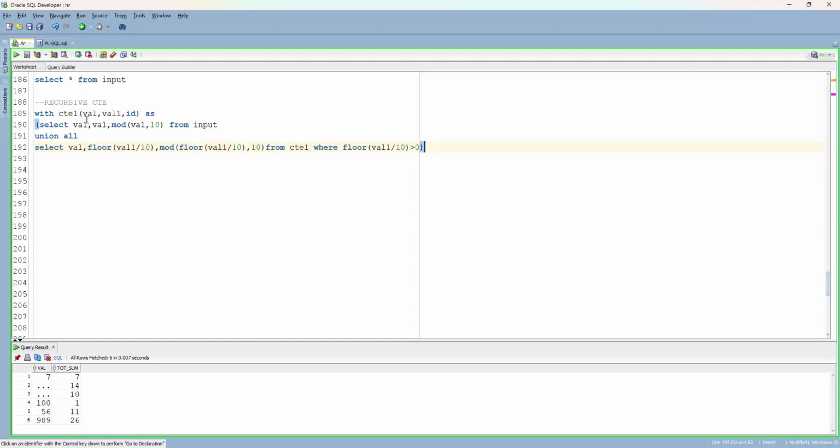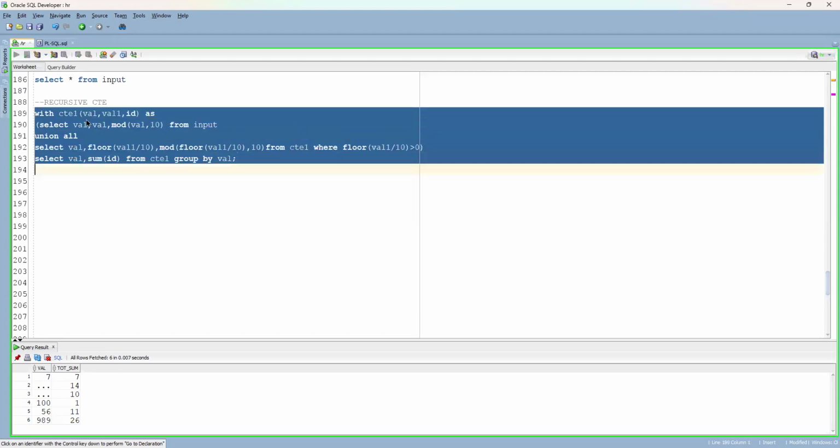Okay, this is the query, and then we'll write SELECT val, comma sum of ID from CTE1 GROUP BY val. Let me execute this and check the output.